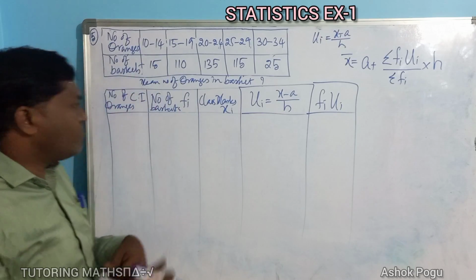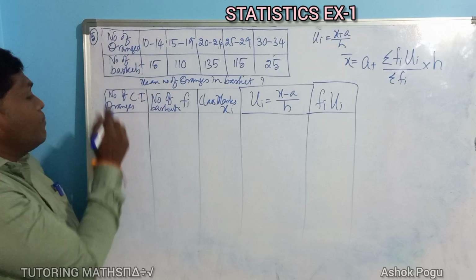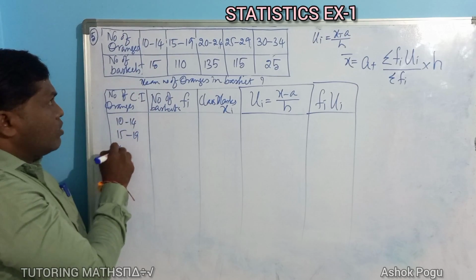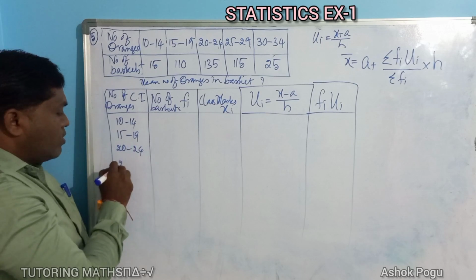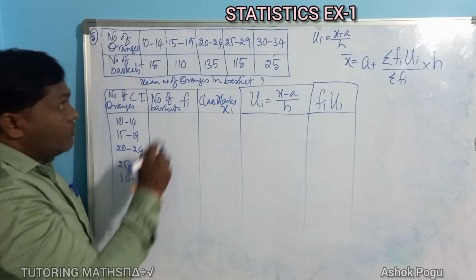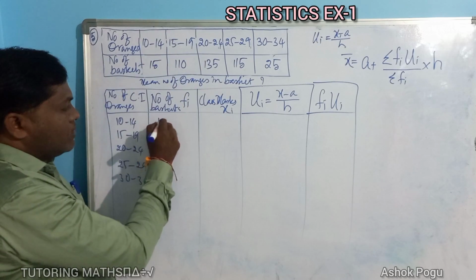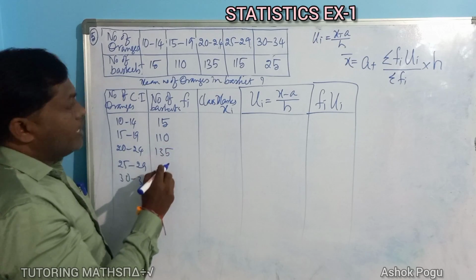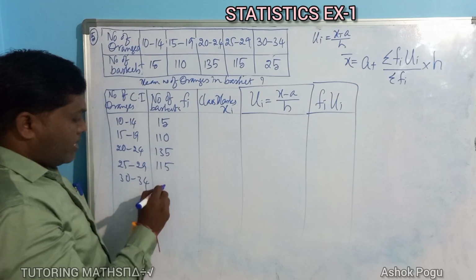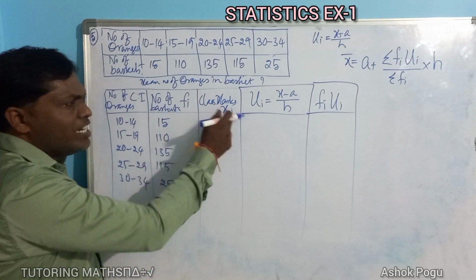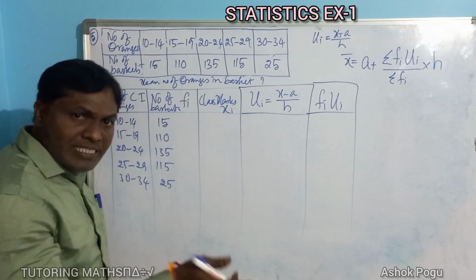Okay, let's start the problem. Take the data directly: 10 to 14, 15 to 19, 20 to 24, 25 to 29, and 30 to 34. The frequencies are 15, 110, 135, 115, and 25.